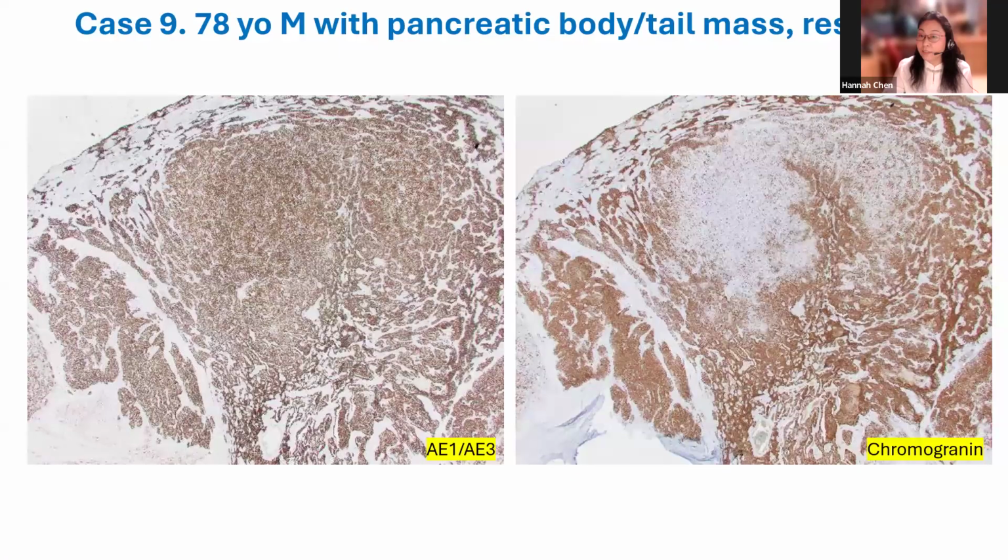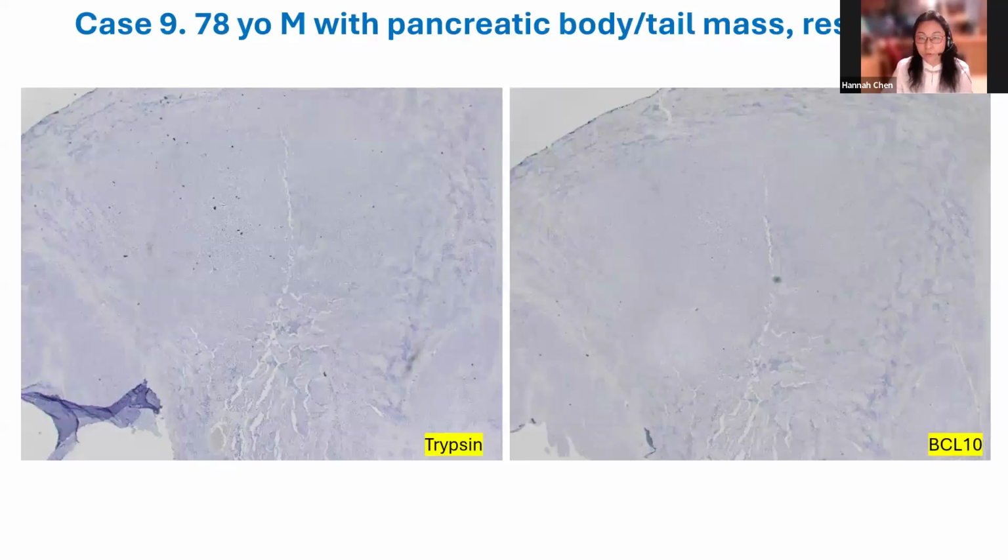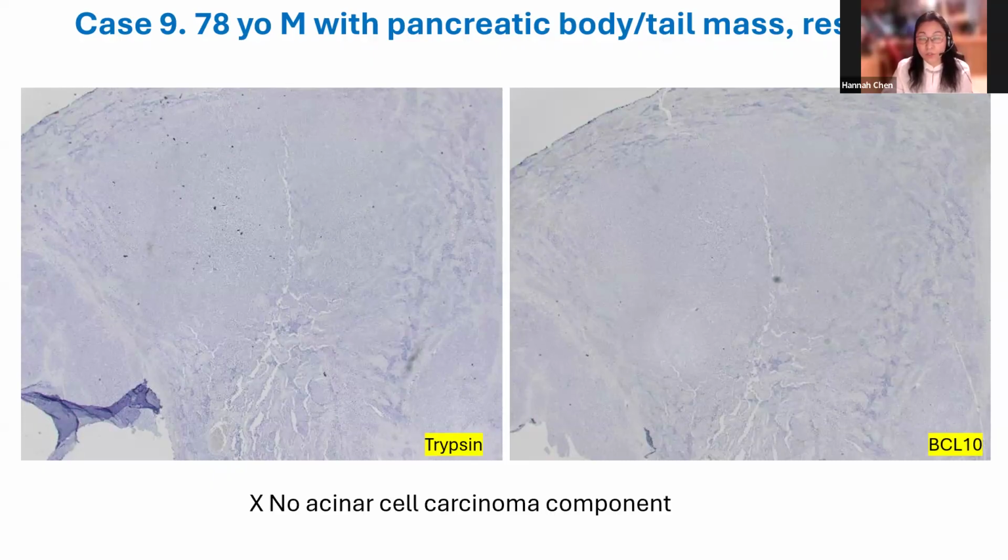Since Ki67 is so high in the solid area, we tried to rule out a mixed tumor with an acinar cell carcinoma component. Trypsin and BCL10 are dead negative, so we know there's no such component of acinar cell carcinoma.